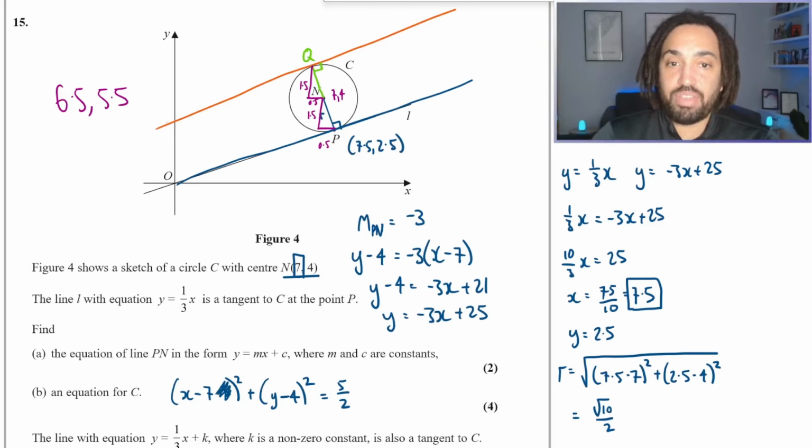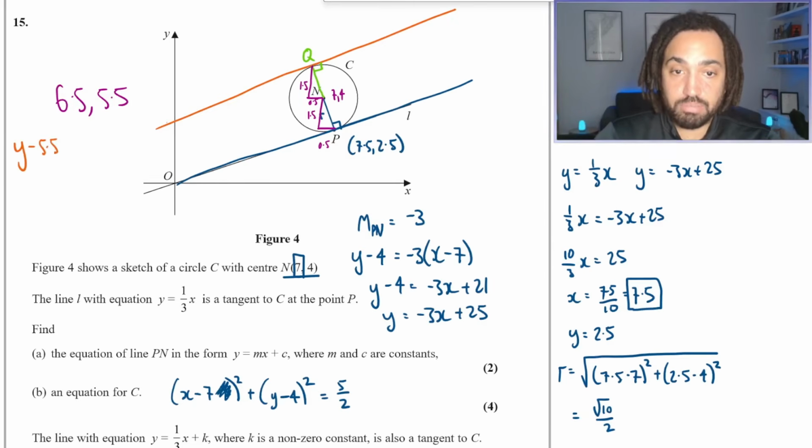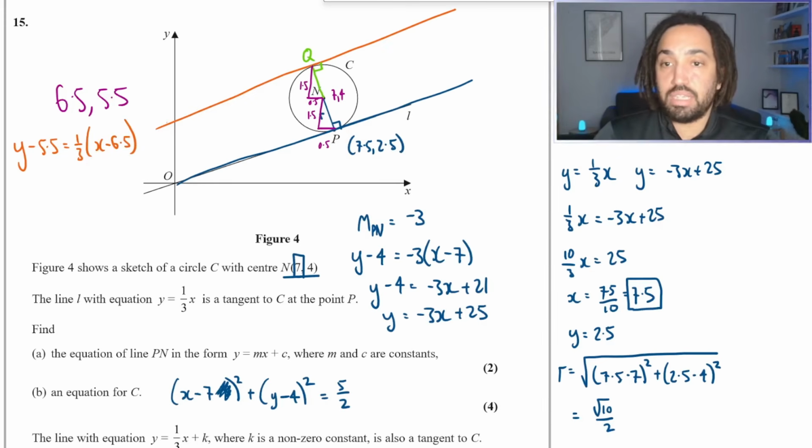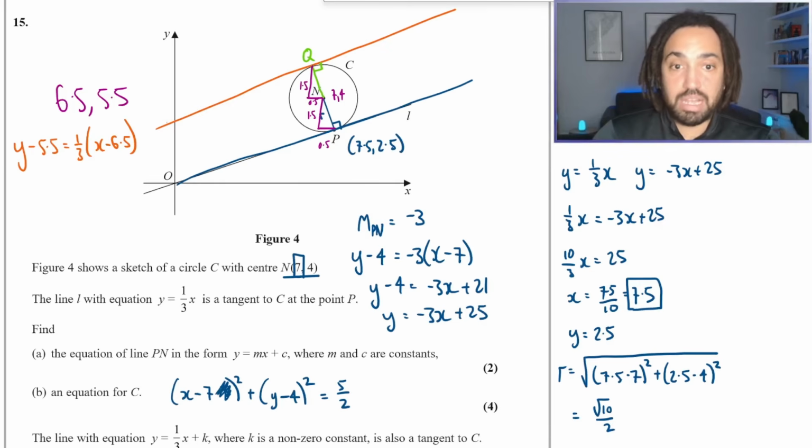And now that I have that, and I know the gradient of the orange line, I can work out the equation of the orange line, because it will be y minus 5.5 is equal to m, which we know is a third, x minus 6.5, like that. Okay, and then what we can do is just expand this out.